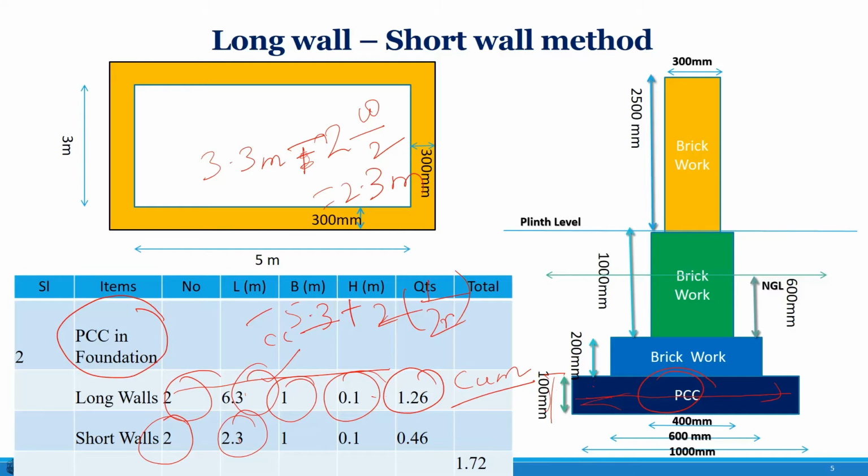Then width of the component is 1, height is 0.1 meter, and the quantity is 0.46 cubic meter. Then we sum both the quantities. So for PCC in foundation you need 1.72 cubic meter for this particular component.